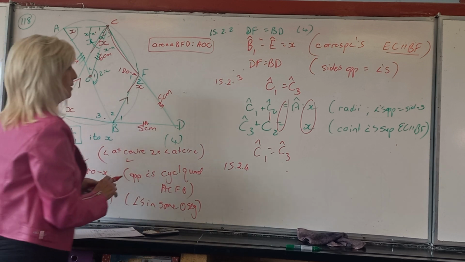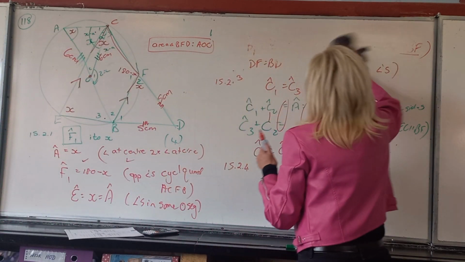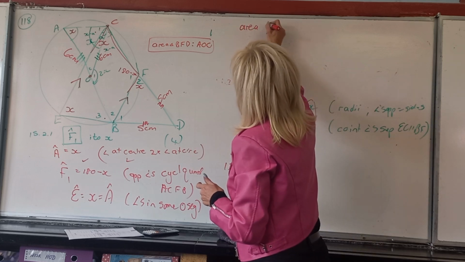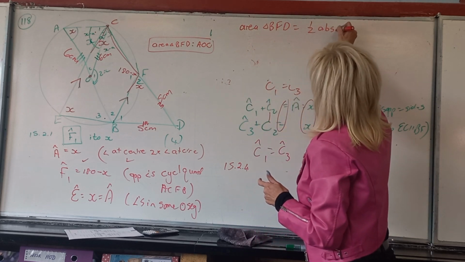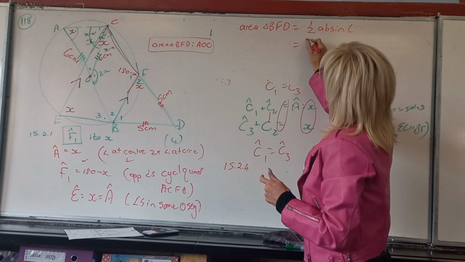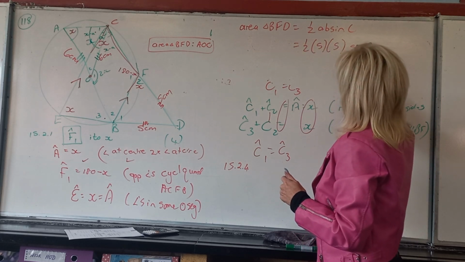I think I'm going to have to erase it here so you can see. So area of triangle BFD would be half, and please give credit where credit is due. Give me the area rule. So it'll be half times, but you've got a problem, right? We don't have any angle.